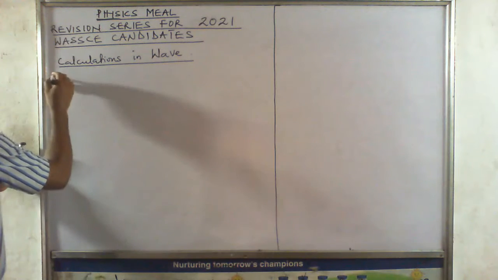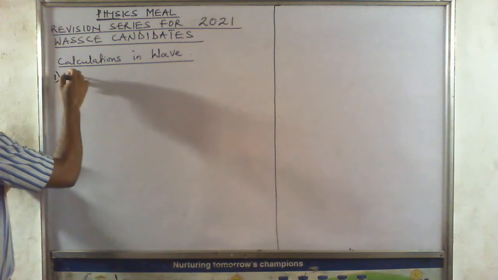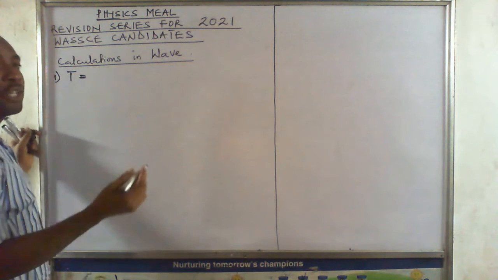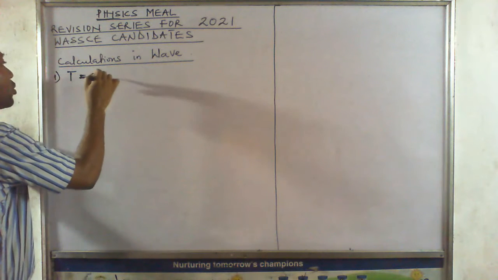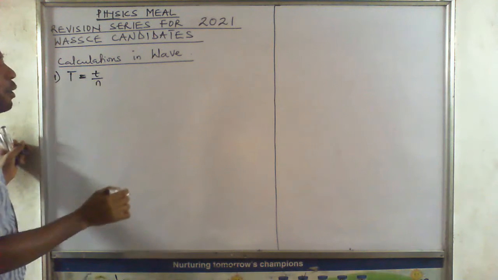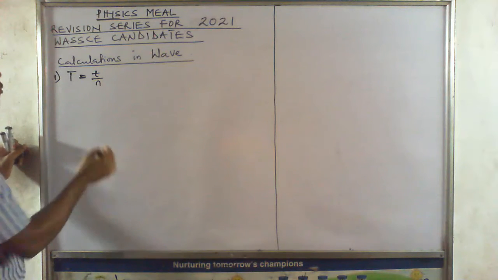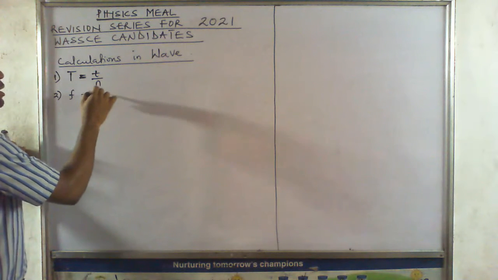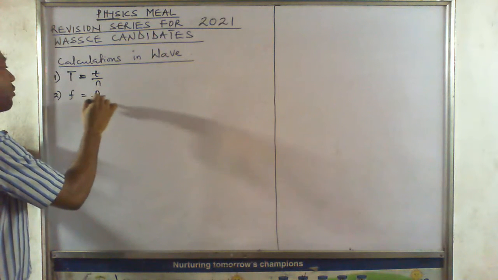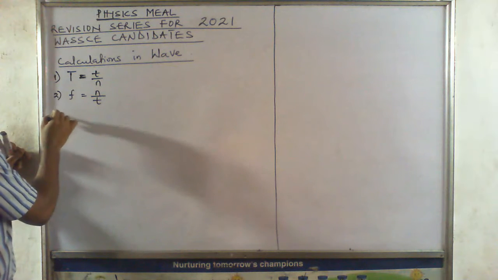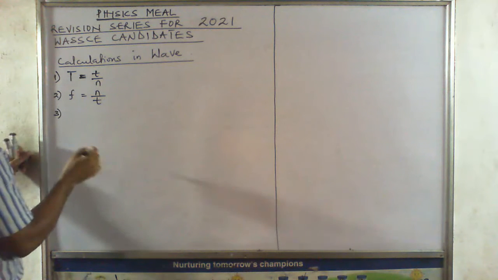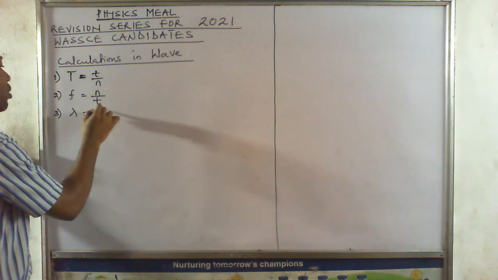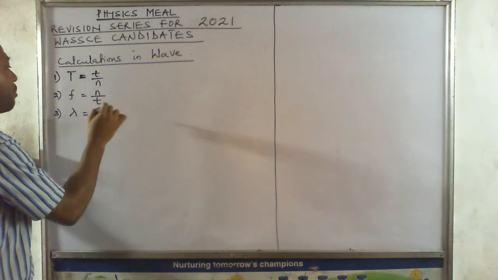We have one expression: the period of a particle involved in a wave motion is equal to the time over the number of cycles, or number of oscillations. We also say that the frequency is the number of cycles divided by time. We also arrived at the concept that lambda is equal to the distance over the number of cycles.